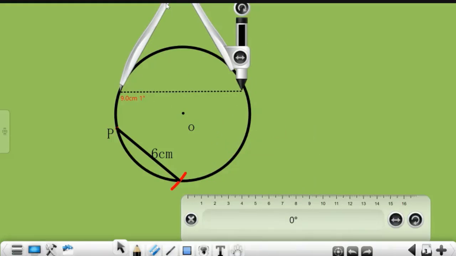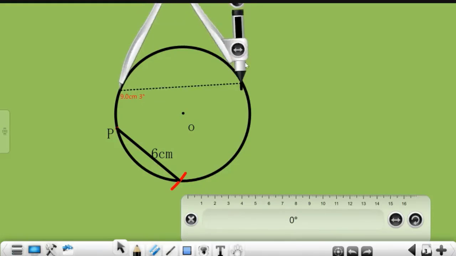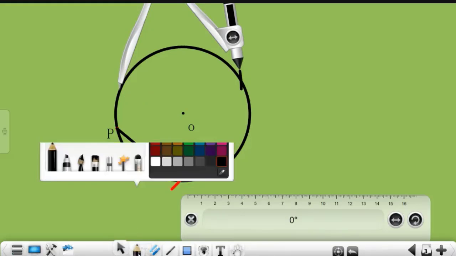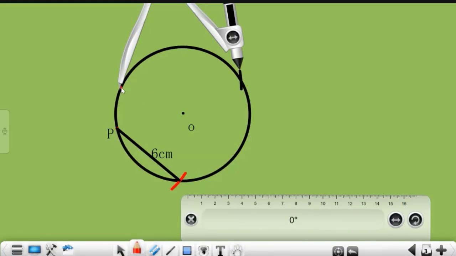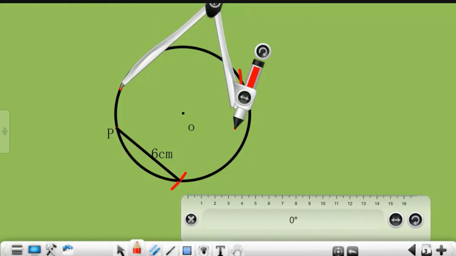Any point on the circumference, let's say I start here. Make a cut. So this is my starting point. Why do I need the point? Because there's a starting point and an ending point. Starting and ending points connected together will form your chord.